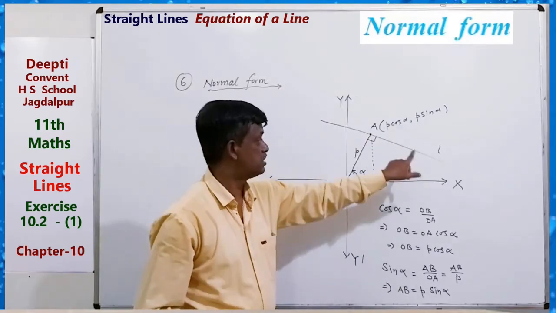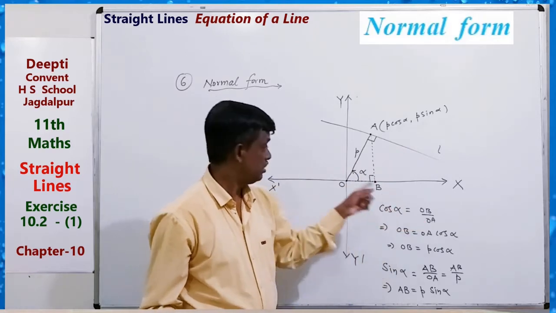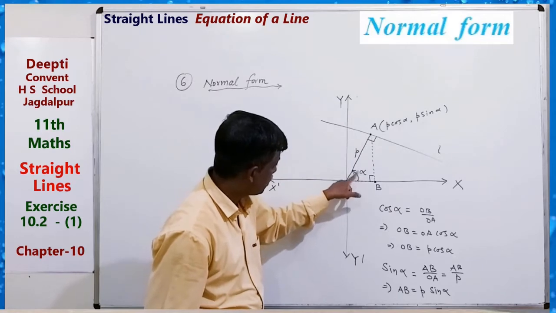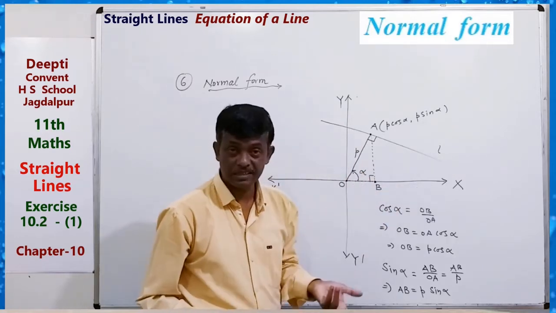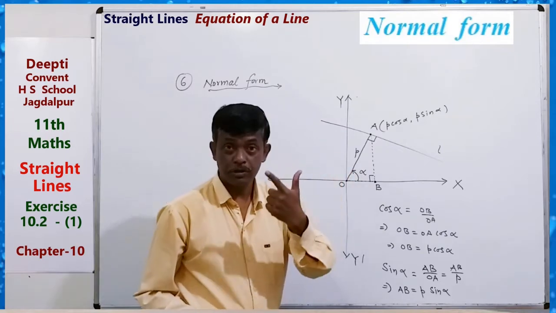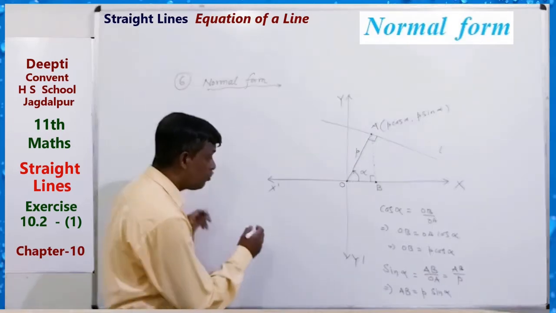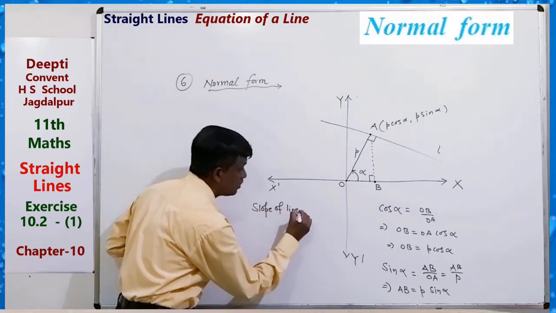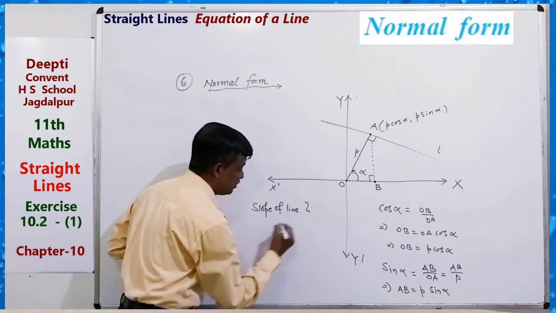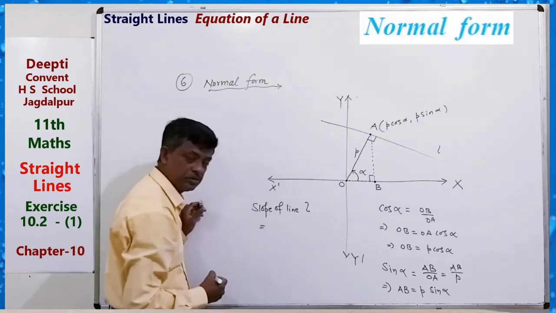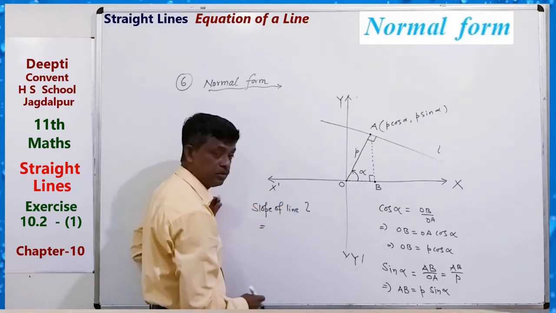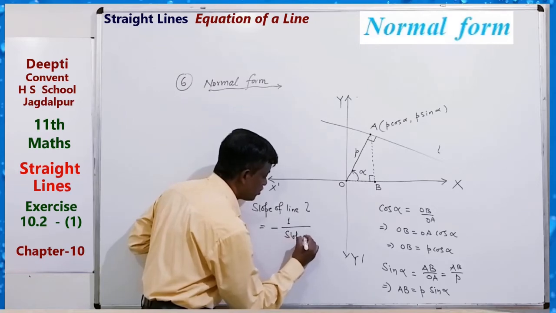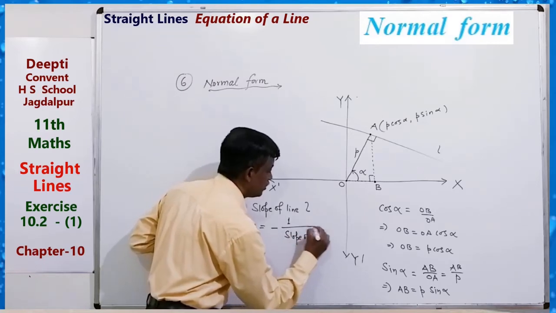And the slope of this line can be found by using this angle, because this perpendicular makes angle alpha with the positive direction of x-axis, that is tan alpha is the slope of OA. So the slope of line L equals minus 1 upon the slope of OA.